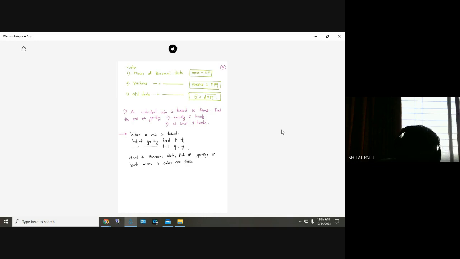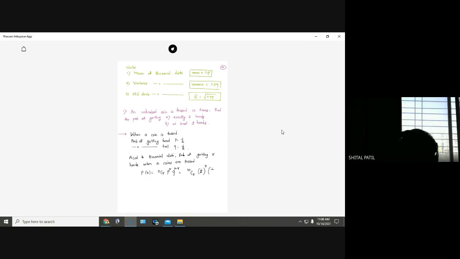Do you understand, is it making sense? You have to see that. This statement is very important. According to binomial distribution, probability of getting R heads when n coins are tossed. N is known to us, 10. P is known to us.